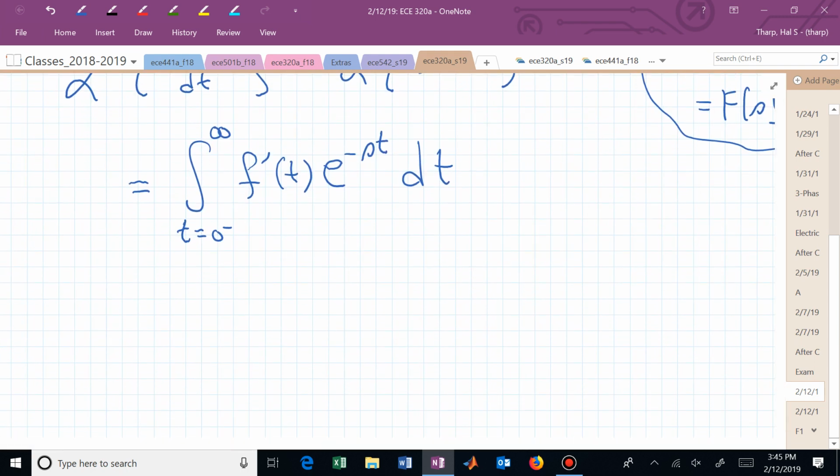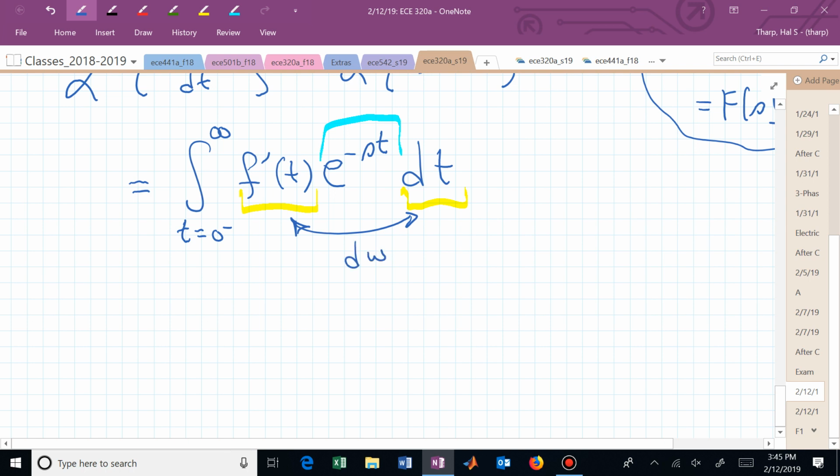And what we will do is say here is one of our parts, and the other part is right there. This piece, let's call that dw. Now I'm simply using w and v, and this part I will call v.